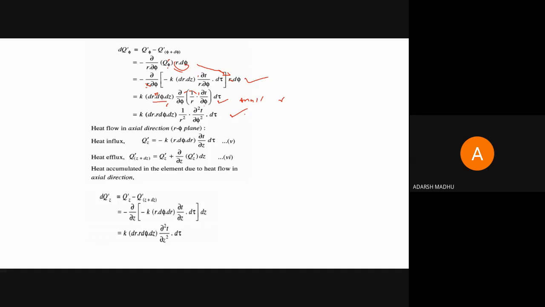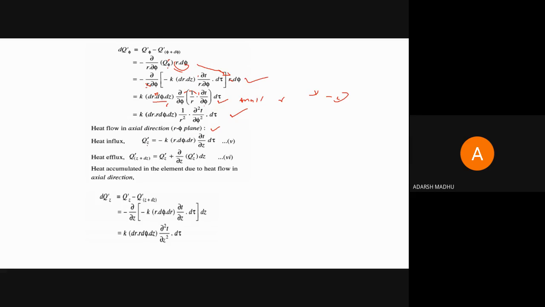This is the heat flow from the second direction. We have completed the first and second directions. For the next, the plane we are considering is the r phi plane. We have already described the z x plane and x z plane. Here and here, the r phi plane.